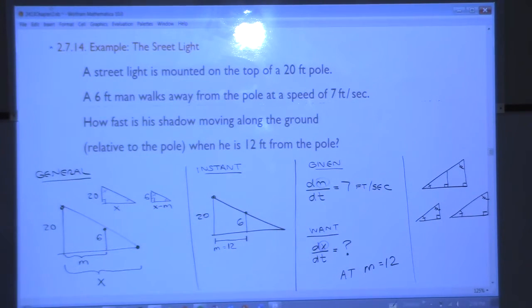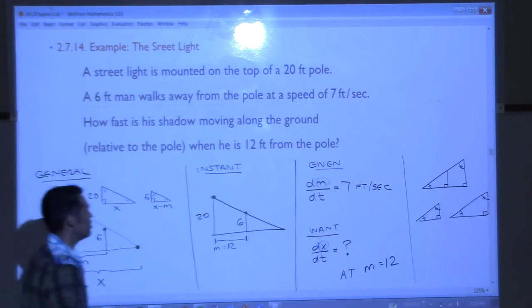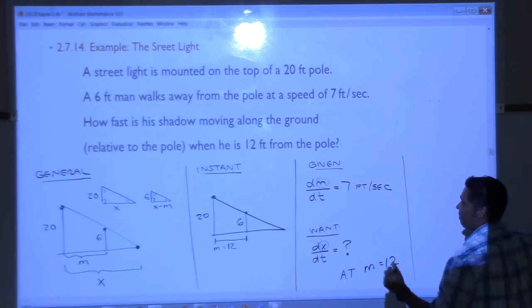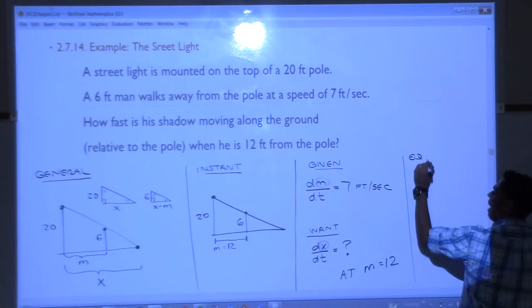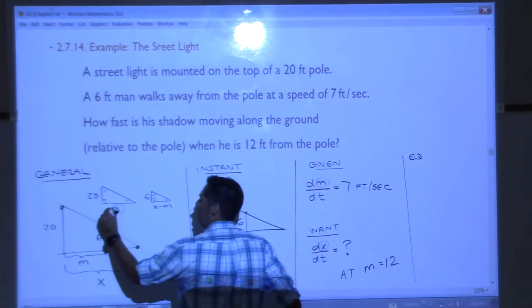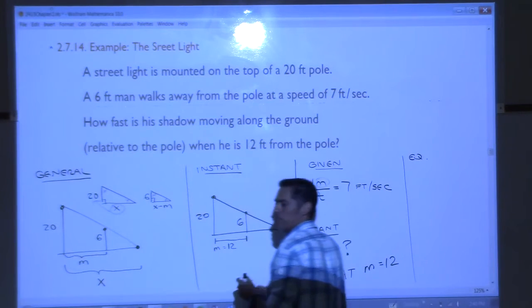So now what I said is that the ratio of corresponding sides must be congruent. So you can set this equation up however you want. I'm just going to choose. I'm choosing to take this side and divide it by that side.